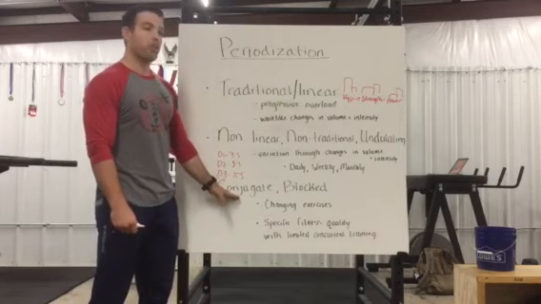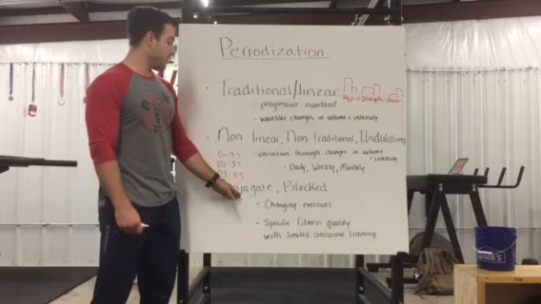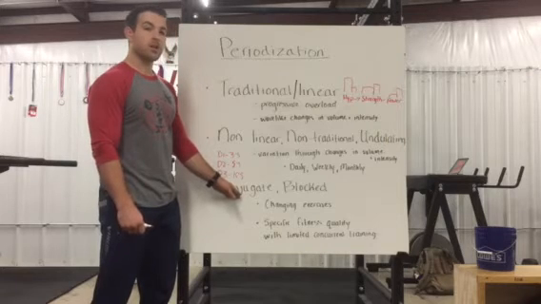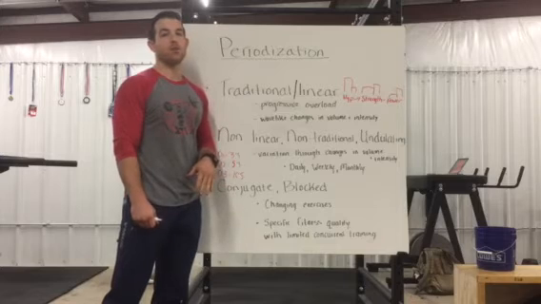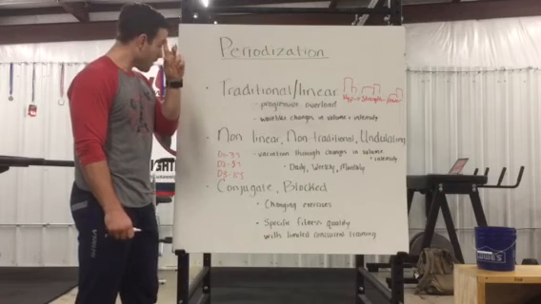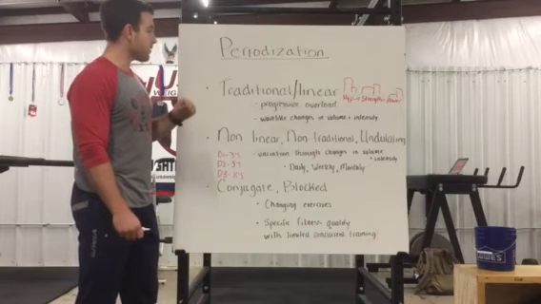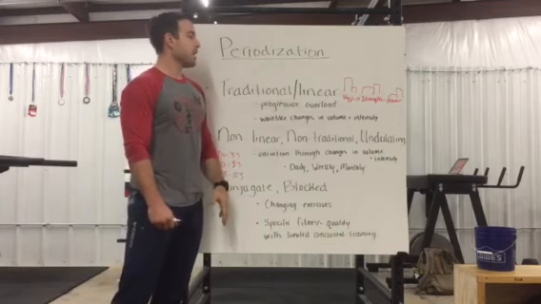And then every 4 weeks, am I changing out exercises to add a variation there? Maybe a wide stance squat for one mesocycle, and then a close stance squat for another mesocycle. So that's a very basic understanding of these three.